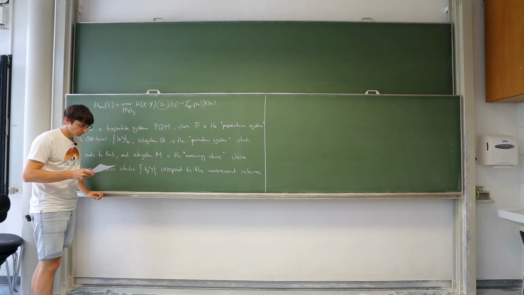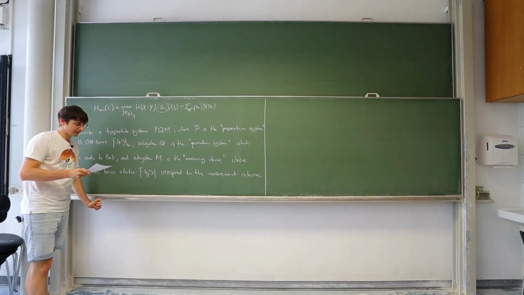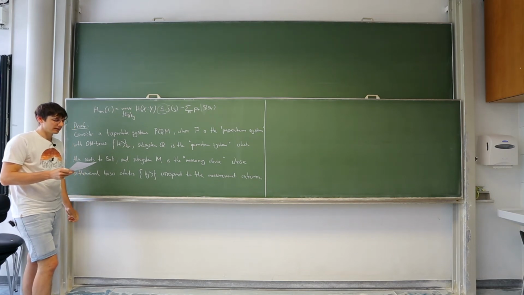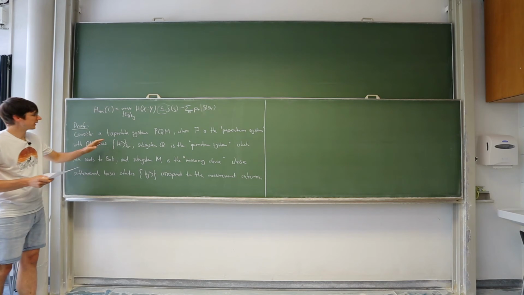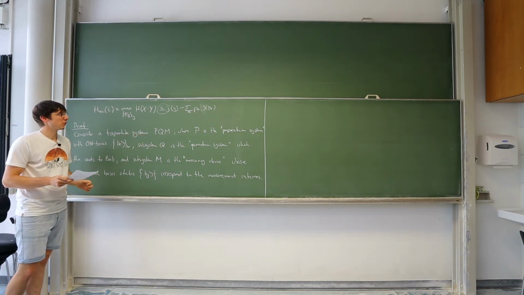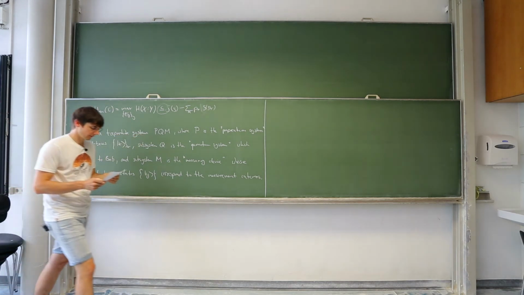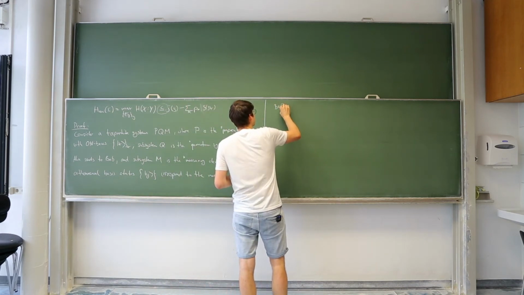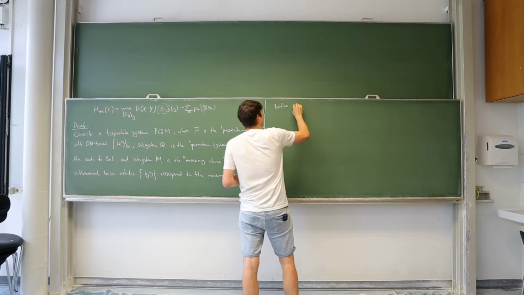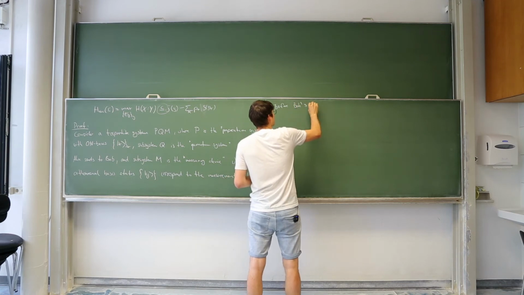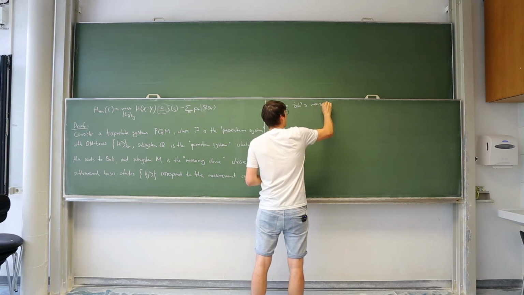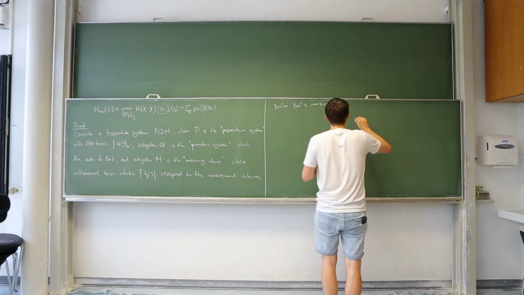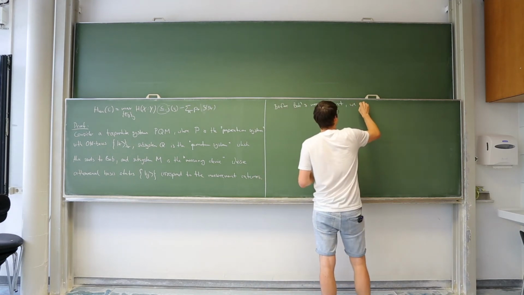And next we model now, first we consider, okay, how does the state of this tripartite system look before Bob performs the measurement? So before Bob's measurement, we consider the following state.